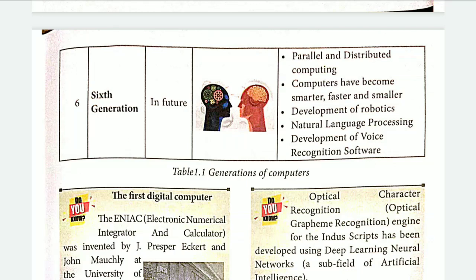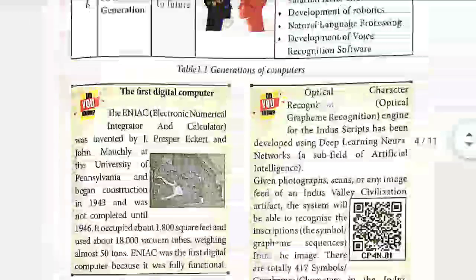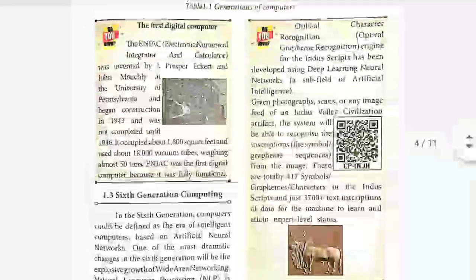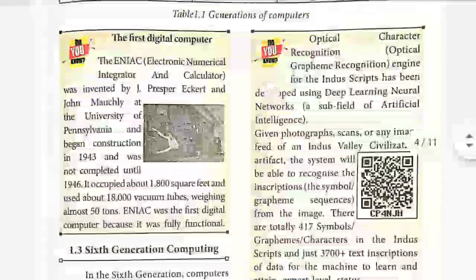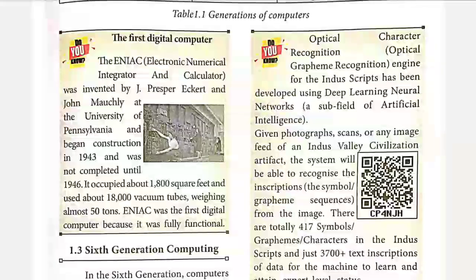So, do you know the first digital computer was known as the Electronic Numerical Integrator and Calculator, which was built in 1943. It had 18,000 vacuum tubes weighing around 50 tons.